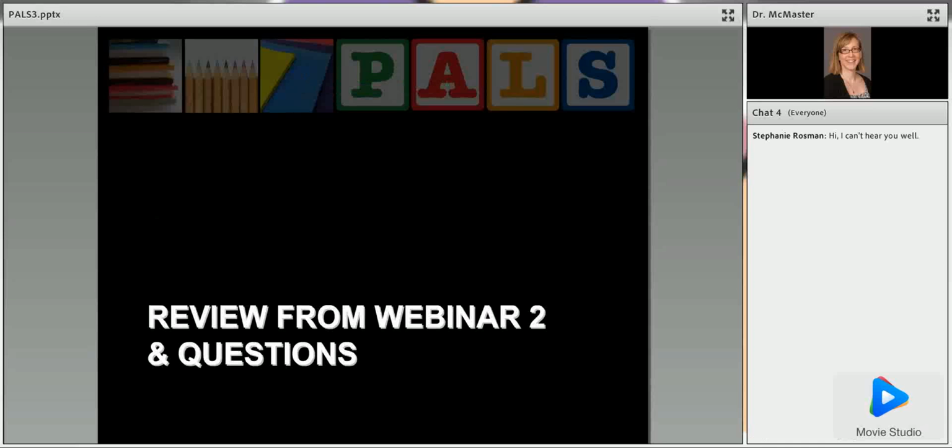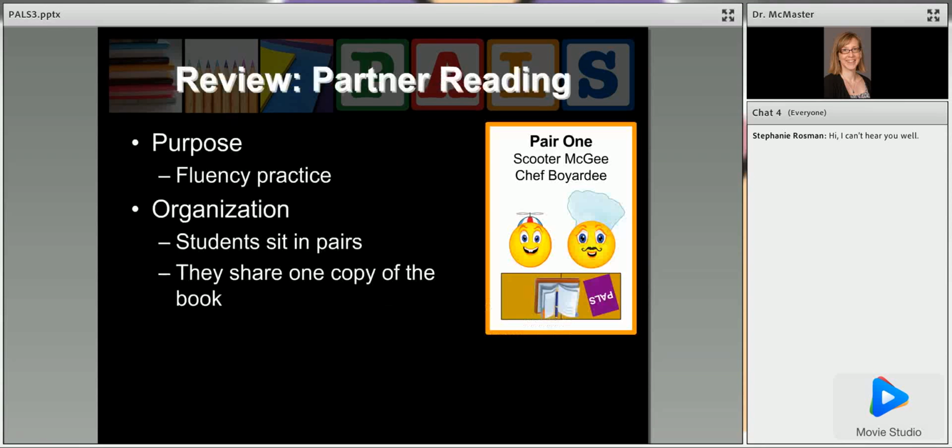To review from last webinar, we talked about partner reading, and that's the first activity in PALS. The purpose of partner reading is to develop fluency in reading text. The students are sitting together with their partner, 2 students at a desk or a table.